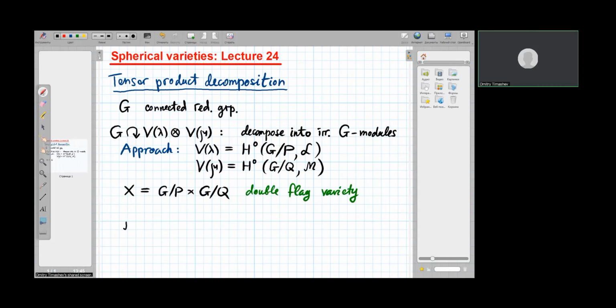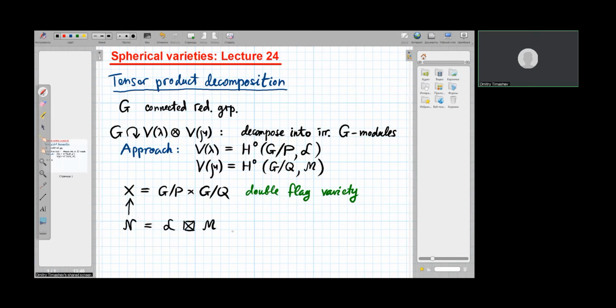Let me denote it by script N, which is what is called the outer tensor product of the line bundles L over G mod P and M over G mod Q. The sign for the outer tensor product is this one, a cross in a square, not encircled, but in a frame.